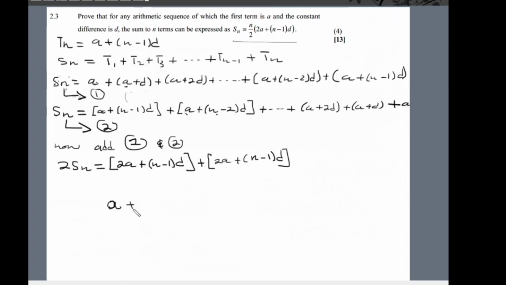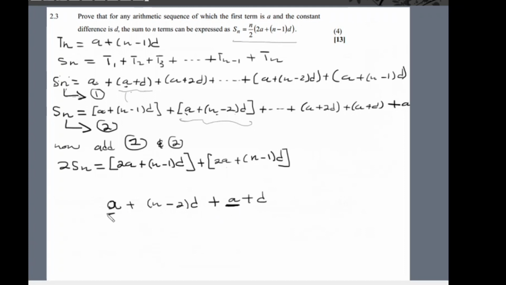If you say a plus (n minus 2)d, this bracket here, and then plus this bracket here, a plus d, we collect like terms.